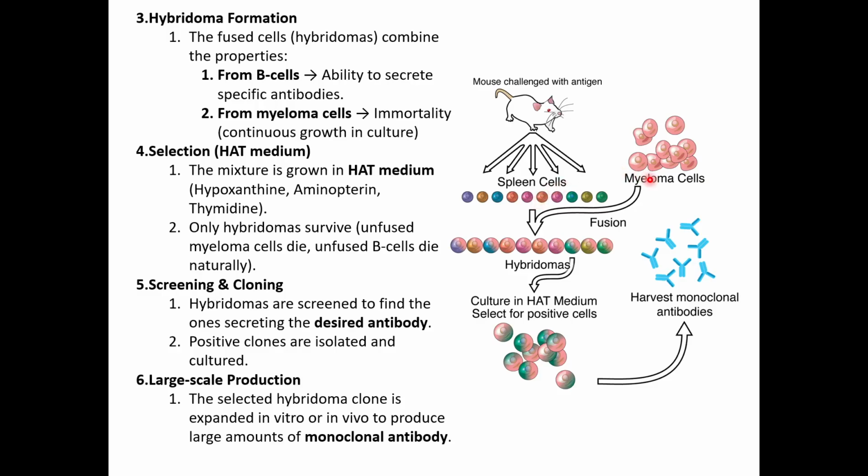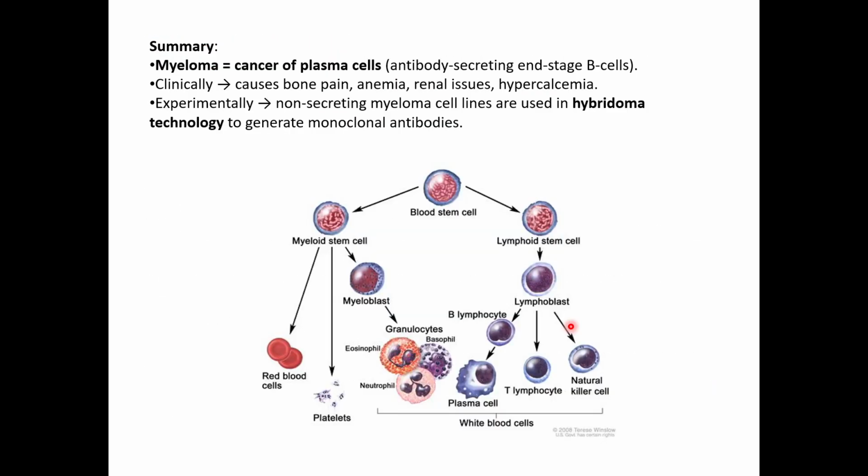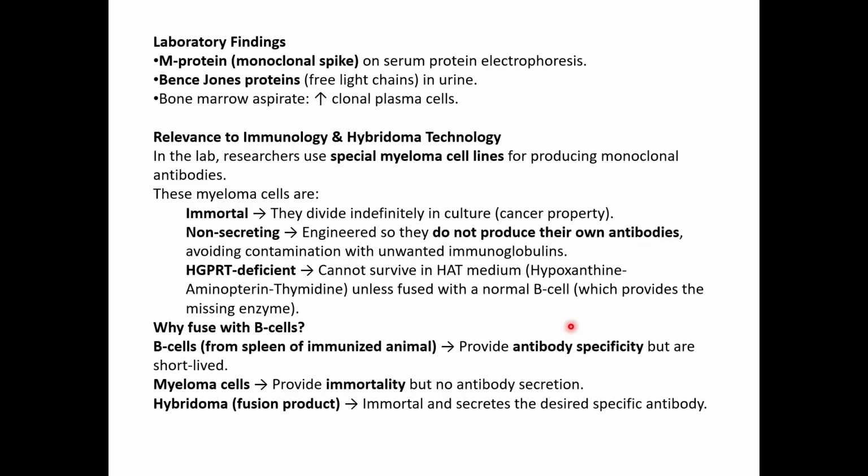But myeloma cells are HGPRT deficient, so they cannot survive on the HAT medium unless fused with a normal B cell. Only when fused with the B cell can they survive in the HAT medium. So your fused hybridoma cells will be able to survive and you can easily select them.